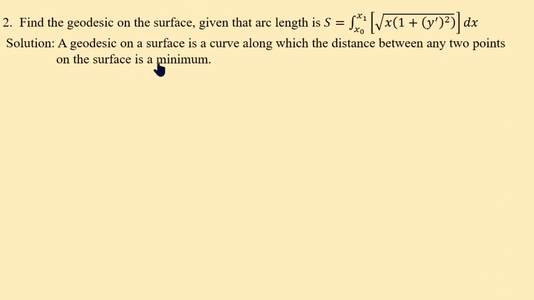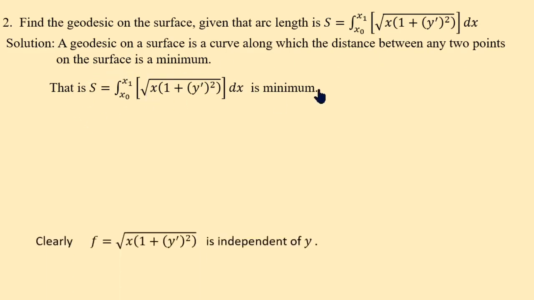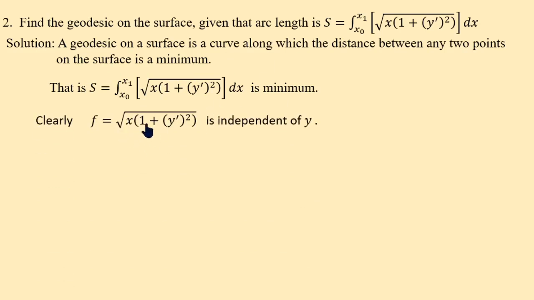Here a geodesic on a surface is the curve along which the distance between any two points on the surface is minimum. Therefore, this S is minimum means f is root x into 1 plus y dash square. This satisfies Euler's equation, and clearly it is independent of y. No y is here.